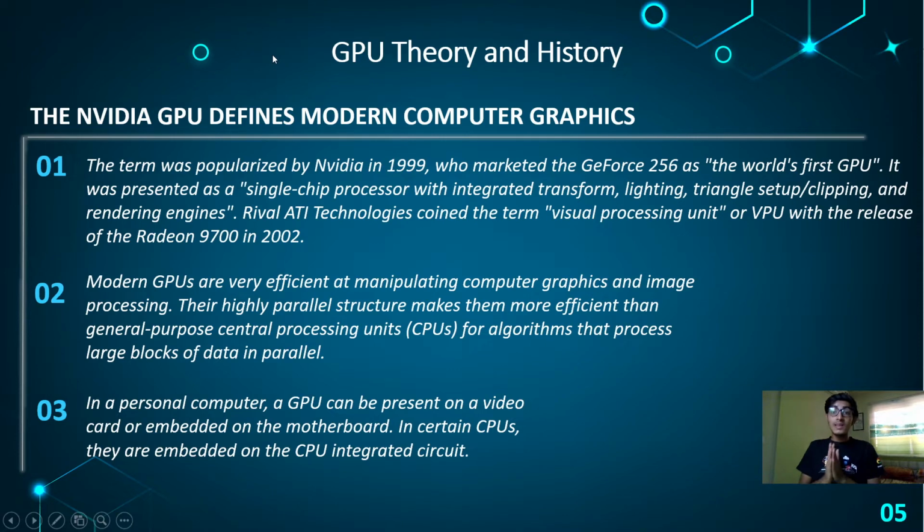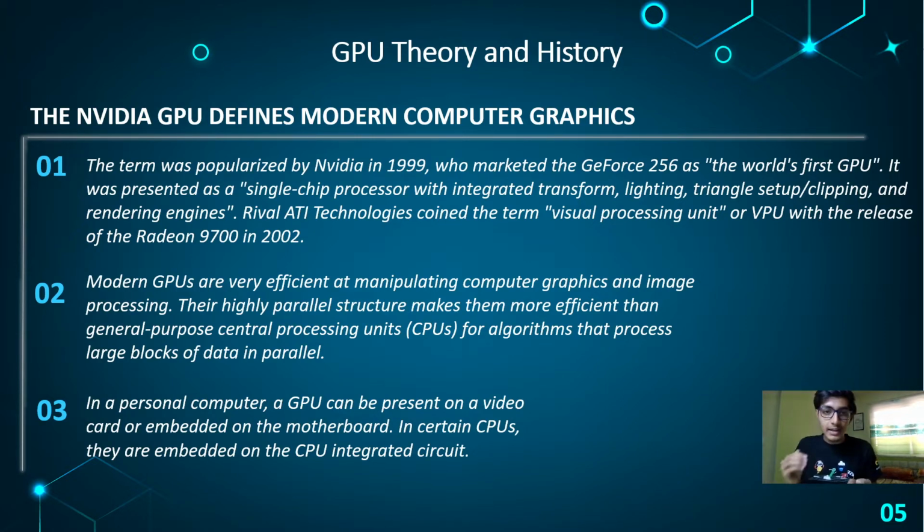Coming to the theory and history of GPU. So GPU, graphical processing unit, is, as we discussed, an electronic circuit, and this term was popularized by NVIDIA in 1999. GPU was first introduced in the 1970s, and it first stood for graphical processor, and it was used for graphic manipulation and outputs.